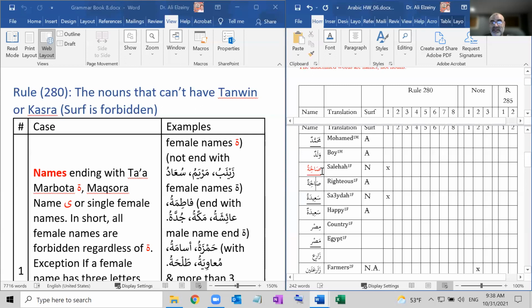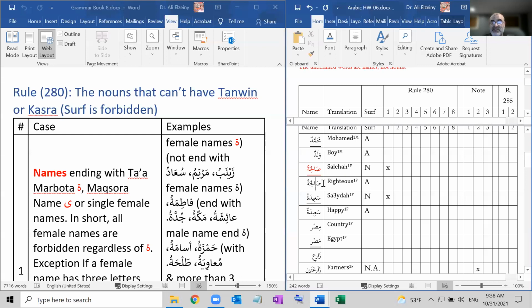If it's a name, then the translation is just the name in transliteration, like the name in English, Saliha, one female.